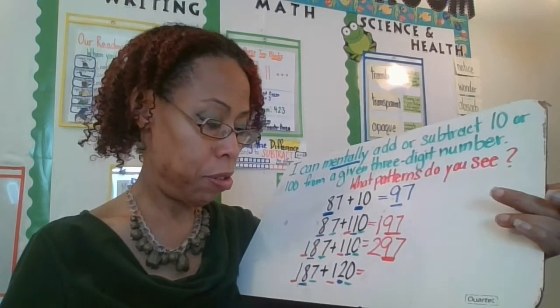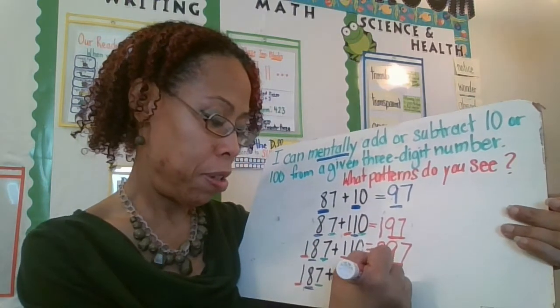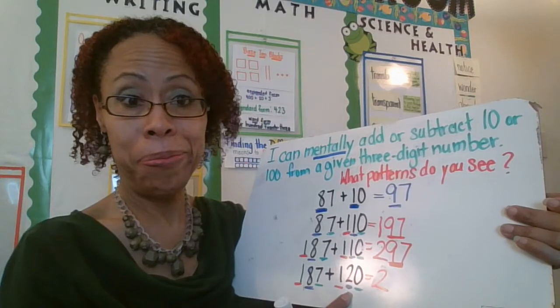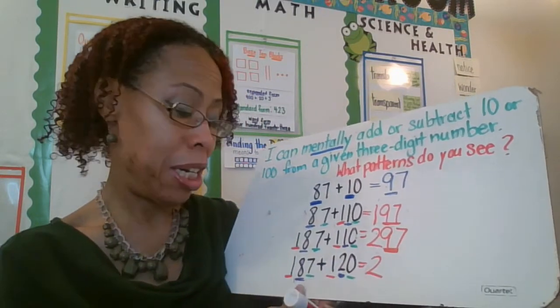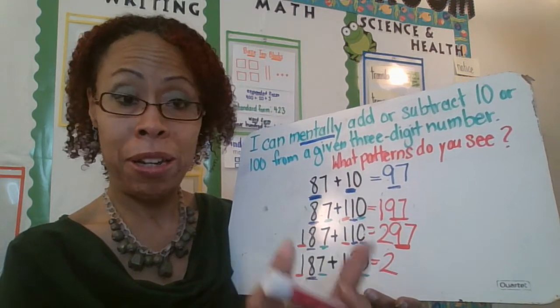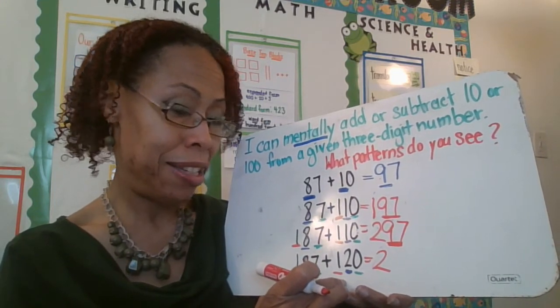Now here's where it gets a little tricky. We would normally say that 100 plus 100 is 200. 80 plus 20 ends up being 100, because if you were adding 8 plus 2, that's 10. So we have 10 tens.